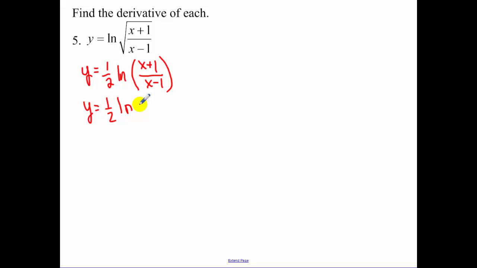Number 5. Again, I'm going to use the properties of logarithms here, a bunch of them. The root is like a power of 1/2, so I can bring that down in front. When I'm dividing, I can also break that out under subtraction. I'm going to distribute the 1/2 because it goes with both terms.